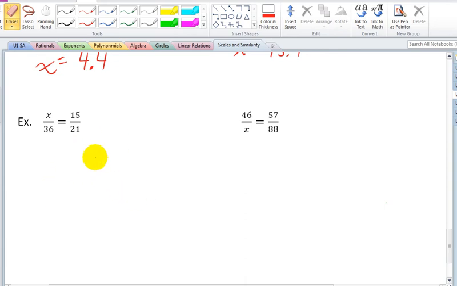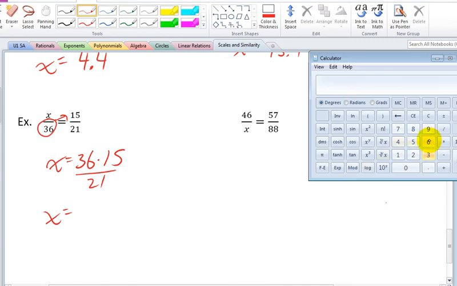But for some cases, all we have to do here is get rid of this divide by 36 and get 36 times 15 divided by 21. Okay? Go ahead, solve. 25.7.